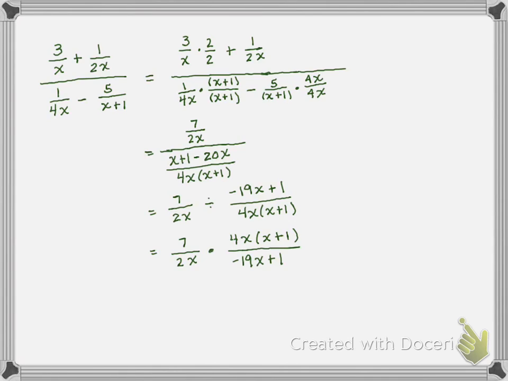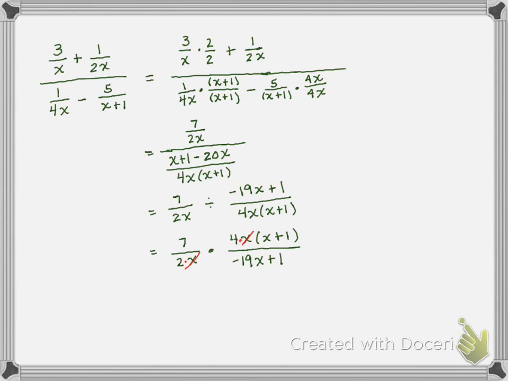Can you take 2x away from 4x? You can't take 2x away from it because we don't want to subtract. But remember that those are two separate factors. I have a factor of 4 and a factor of x on the top, and I have a factor of 2 and a factor of x on the bottom. So the x's cancel.